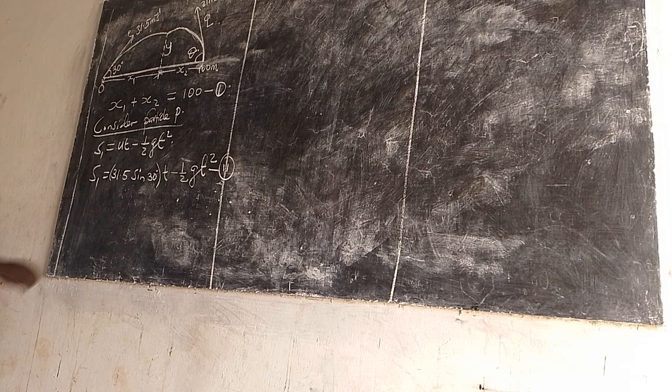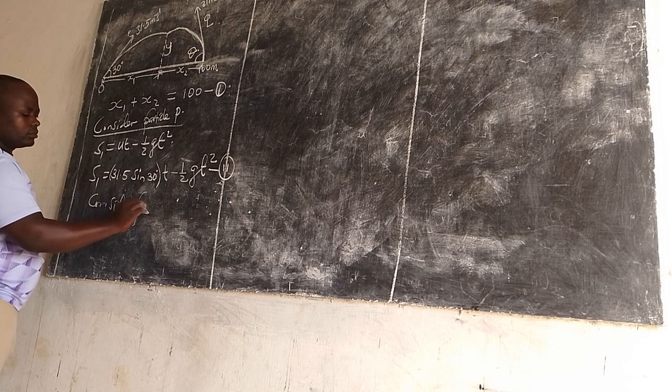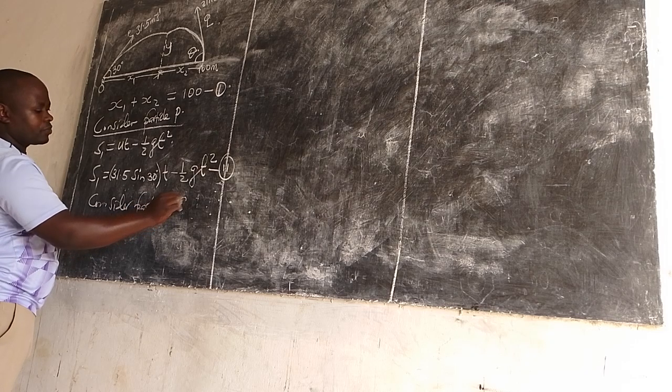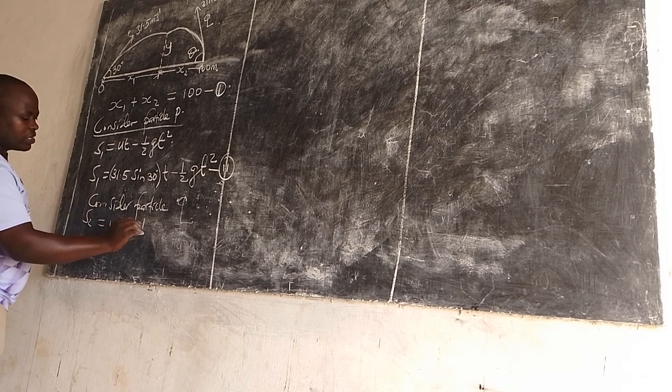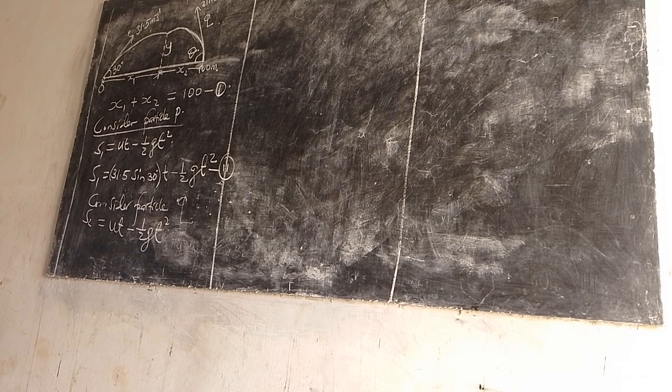Then I'm also going to consider particle Q. For particle Q, let me call this S2. This is ut minus half gt squared. You will ask, teacher, why are you not changing the t, so that this becomes t1 and this becomes t2?